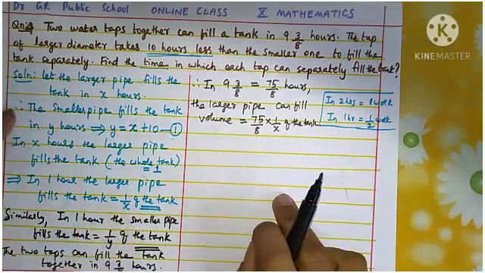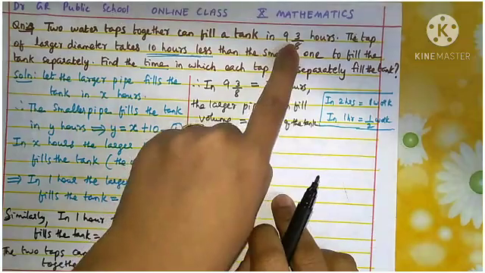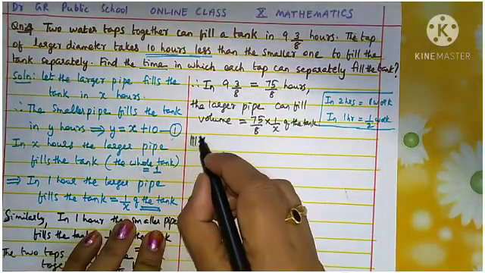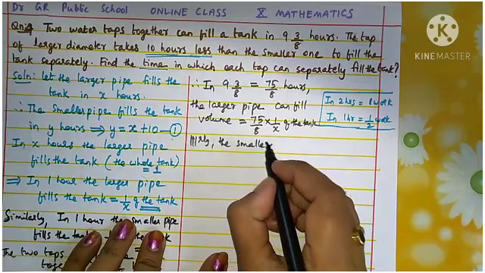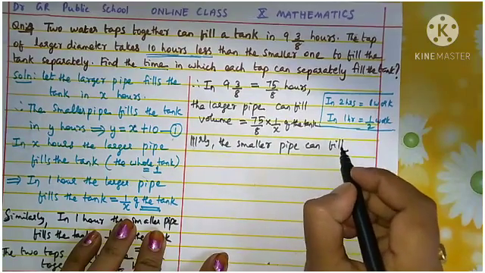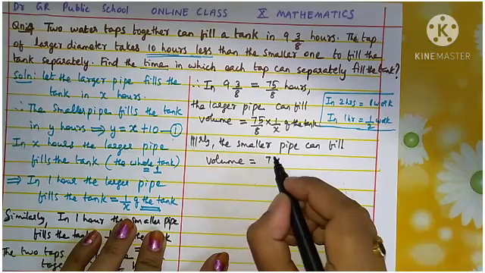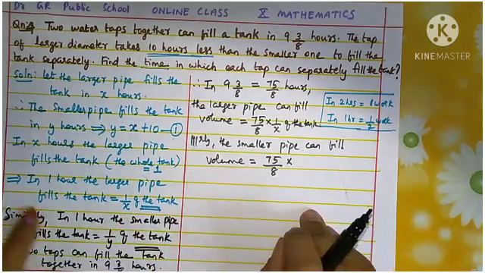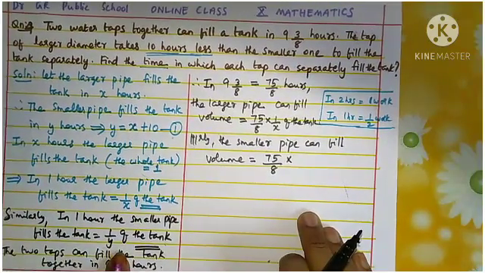Understood? So first you calculated for 1 hour. Now you calculated for the given time. Understand? Similarly, the smaller pipe can fill volume equal to that same time, 75/8 into, what is the smaller pipe filling in 1 hour? 1 by y of the tank.